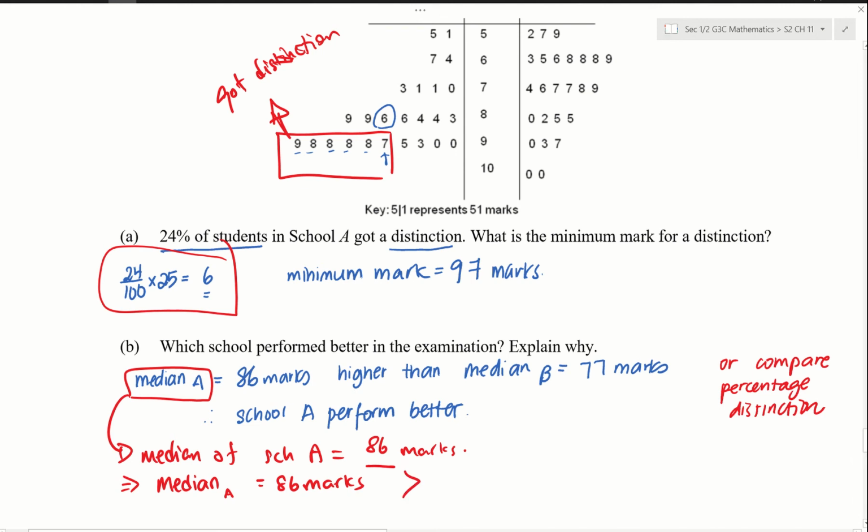Save some time, right? Median of A, which is 86 marks, is greater than median of B, which is 77 marks. Alternatively, you can also draw brackets: 86 marks is greater than the median of B, which is 77 marks. This is fine also. By writing it this way, you are stating the two values and showing me the comparison. Then all you need is one last statement for your conclusion. Therefore, school A performed better.